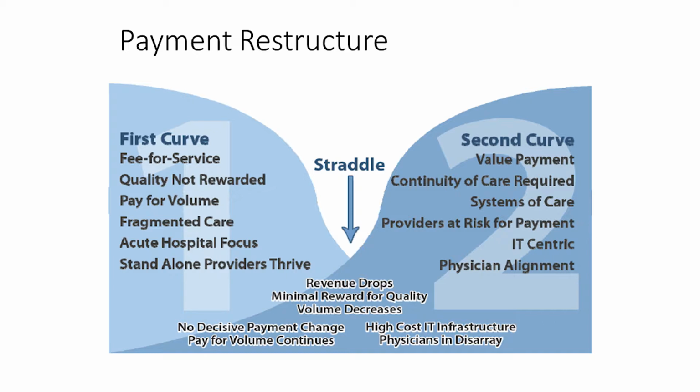We're currently shifting that reimbursement over to value payment, continuity of care, so really right-sizing the revenue structure based off of quality and outcomes and payment for providing better care. Right now, we're in that straddle point where we're still fee-for-service, but we're moving towards value payment, which means that revenues have dropped, volumes are decreasing, and there are minimal rewards for quality.